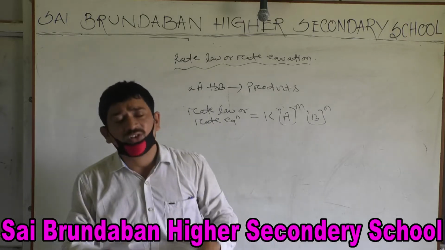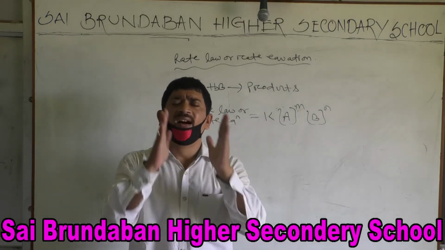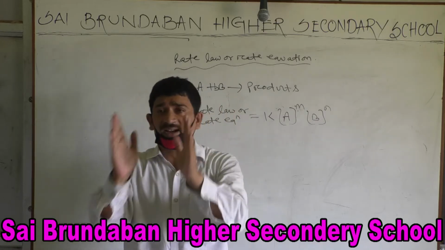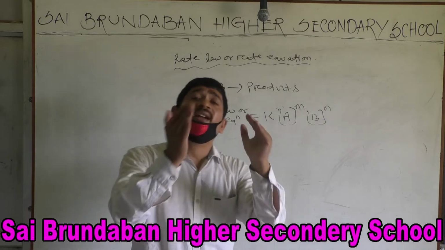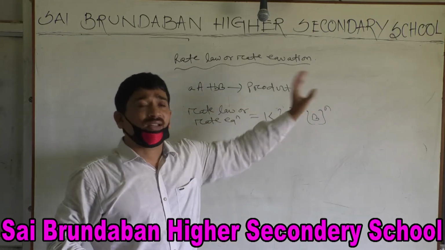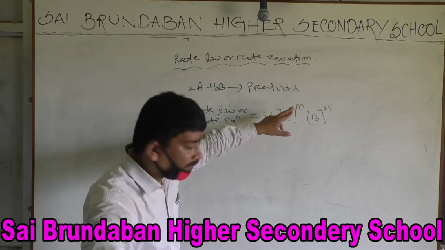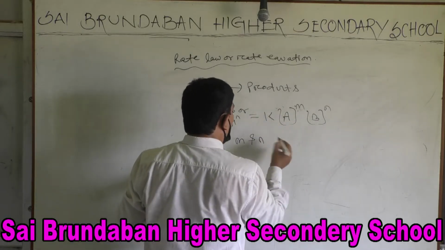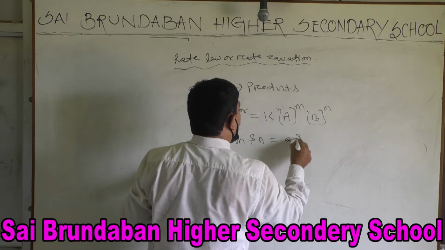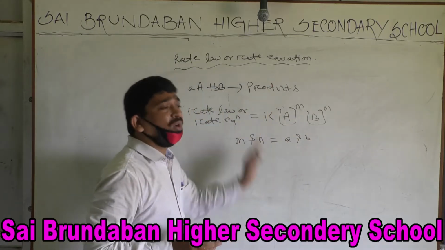So m and n are the number of moles of the reactants capital A and capital B that actually take part in the rate determining step. In most cases m and n may be equal to a and b, but that is not always correct.